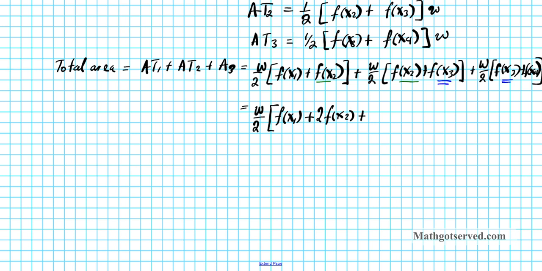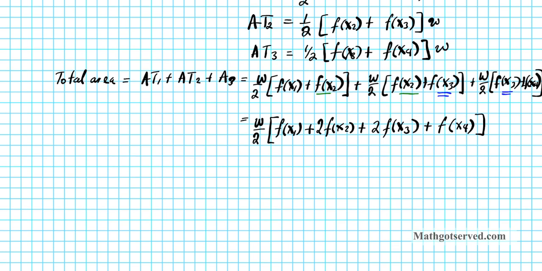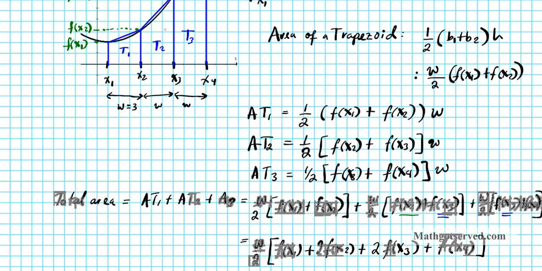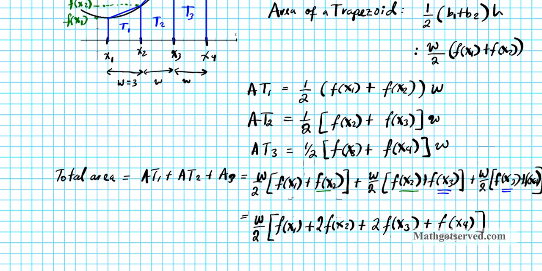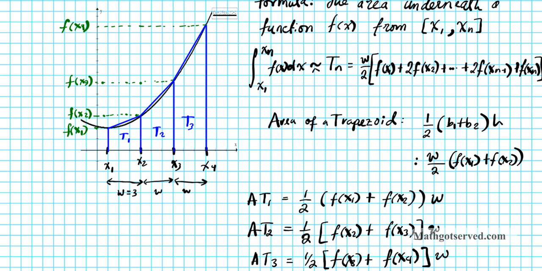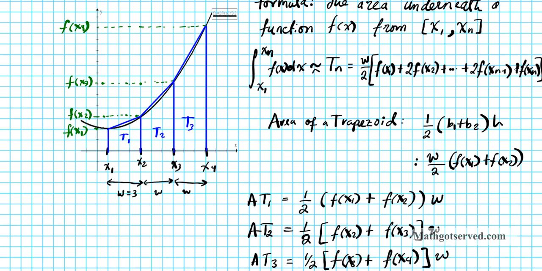So that's why those ones are doubled also. So 2 times f of x3, and then the endpoints are not doubled because it shows up once in each trapezoid, so f of x4. So this is the trapezoidal approximation of the area under this function. Okay, so if I extrapolate this solution right here, we can see why this formula is the case. Okay, all right.